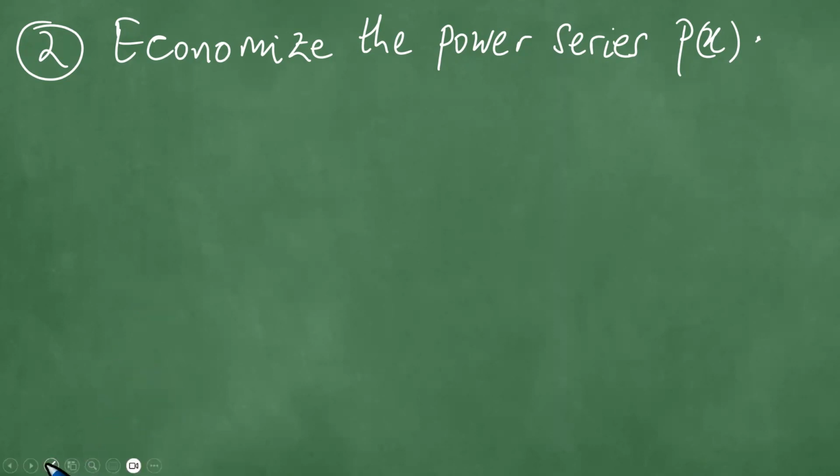How do we economize this power series? We see how to do that. So instead of really saying find the Pade approximation, they are really saying economize it. So we continue to do that.